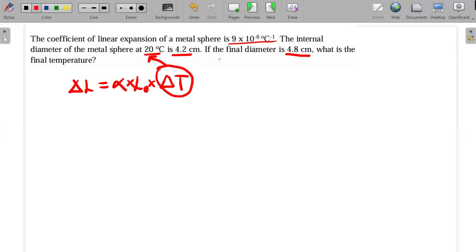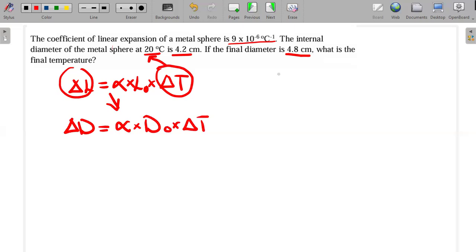So the first thing we can do is subtract the initial diameter from the final diameter, so that we find the change in diameter. That's the one we're going to plug in here. If we write this equation, change in diameter will be equal to alpha multiplied by initial diameter multiplied by change in temperature.